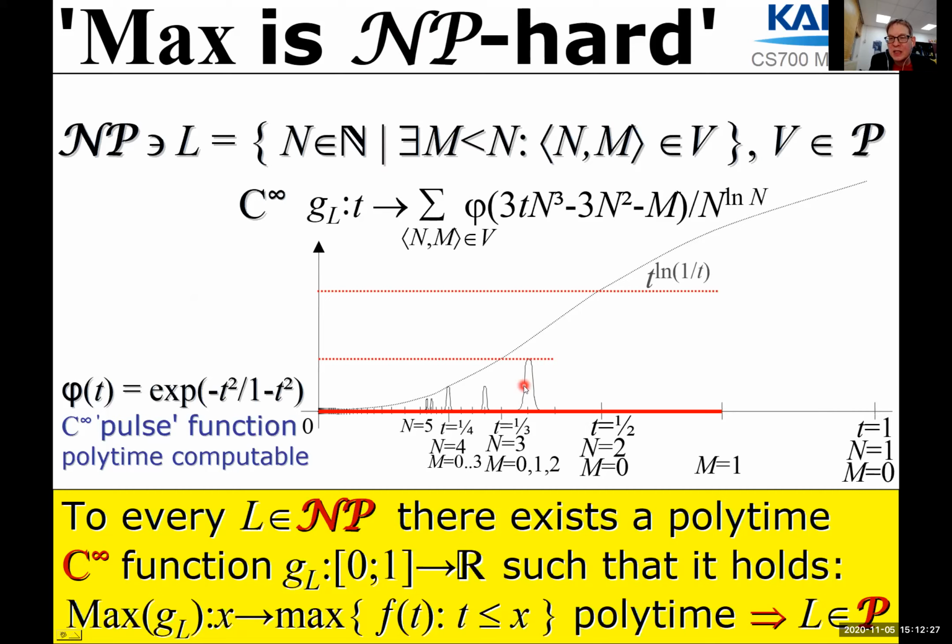So the message says we can distinguish whether there exists a witness, whether there exists one of the candidate pulses by distinguishing only approximately within polynomial time, up to polynomial error, whether the maximum value is large or small. And since the hypothesis says this can be determined in polynomial time, that means we can recover the answer to the question whether n belongs to this NP problem or not, also in polynomial time. And this is exactly the statement.